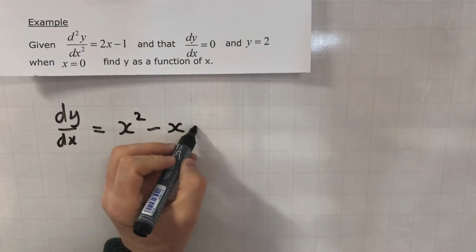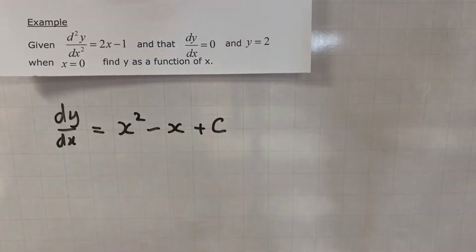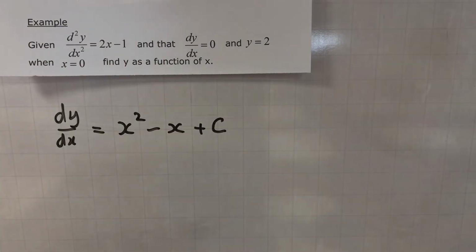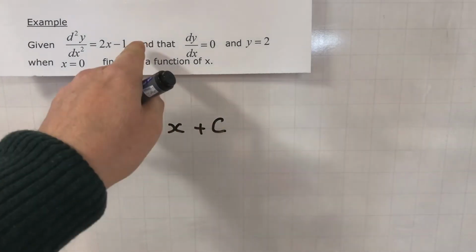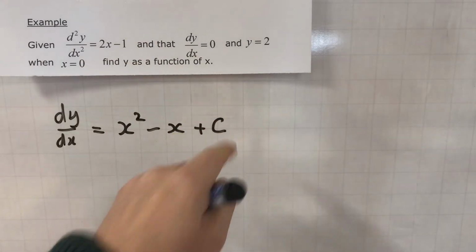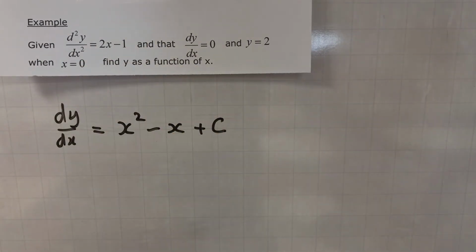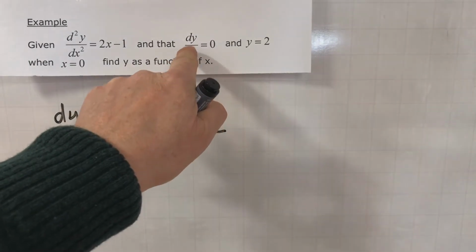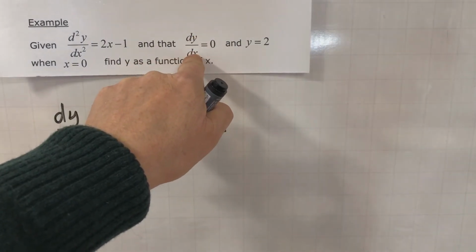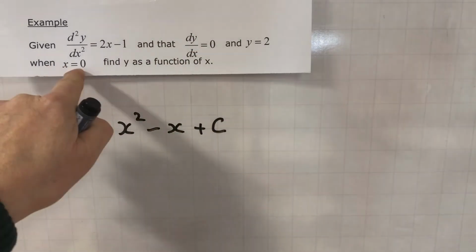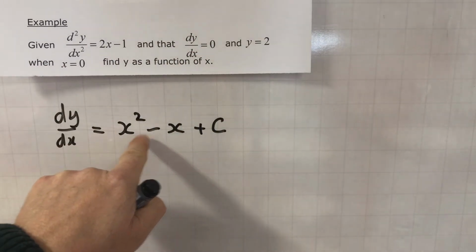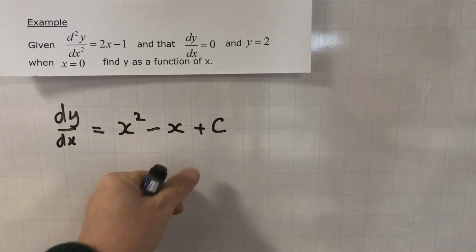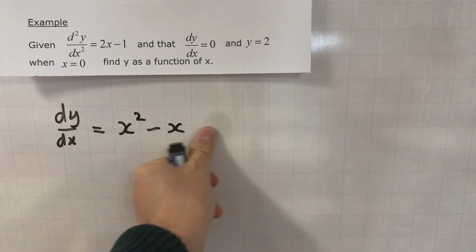However, there must have been a constant on there, possibly, because a constant would have differentiated to nothing, so I need to put that in place in the event that there was one. However, I have been told that the differentiation was equal to 0 when x was equal to 0. So if I put nothing in there, the whole thing has to be nothing, so I know in this case that there was no constant there.